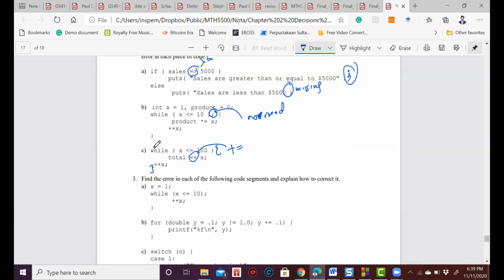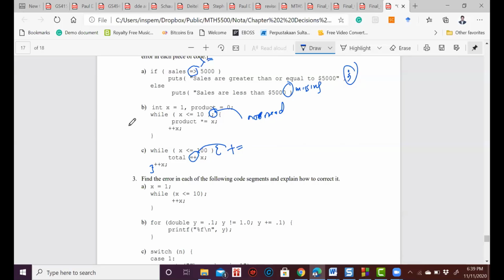Okay, now this one is looping. We have not discussed looping yet, so I think this one is outside our scope here. This one is not in this topic. This one is looping.